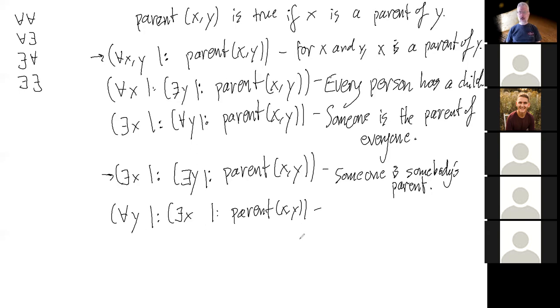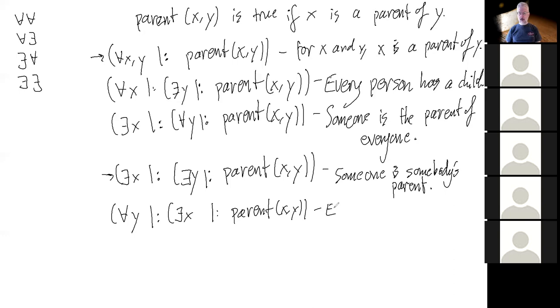What does that one mean? That would be like for all Y, there is a parent X. Yes. So where up here we had every person has a child, here we're saying every person has a parent, because the for all is in the child position and the exists is in the parent position.